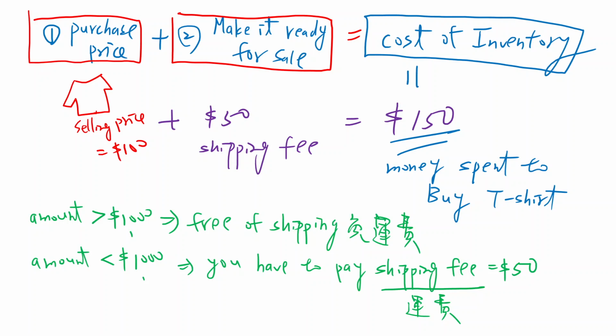It's quite important to get the correct cost. Why? If you make a mistake in getting the correct cost, you will make a mistake in computing your profit. So it's quite important to figure out how much money you actually spend to buy your inventory.